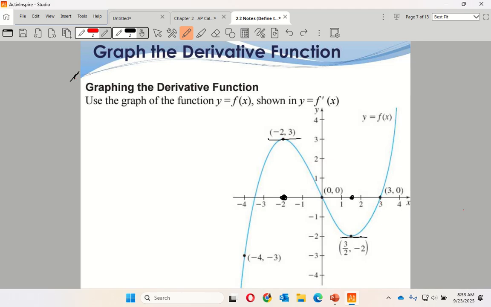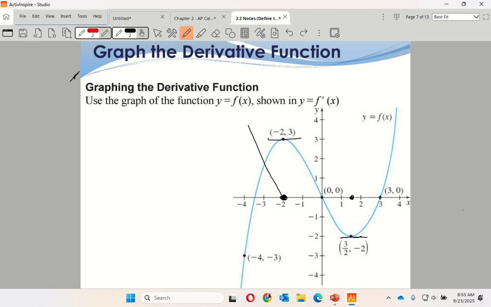Okay, it's increasing, right? So it's going up there. So that means that it should be something like this. And we can assume that it would be a parabola because that looks like it's going to be.